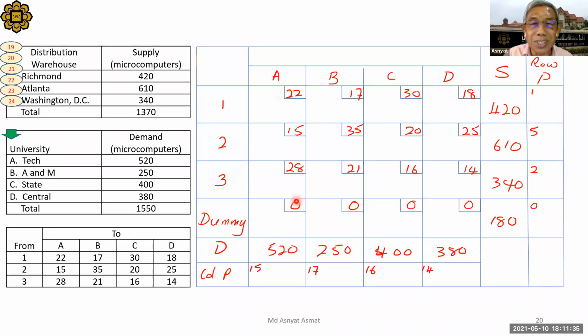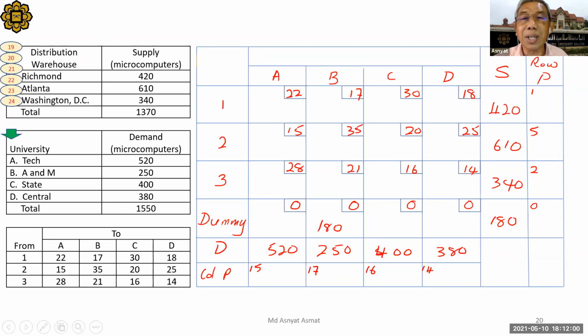Don't ignore this. How many units to transport to this one? Dummy can supply 180 and then B requires 250. So we supply 180.